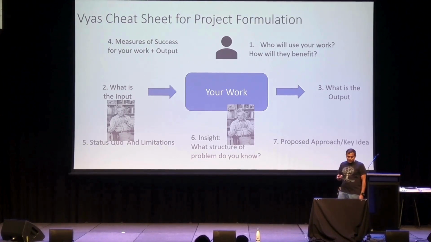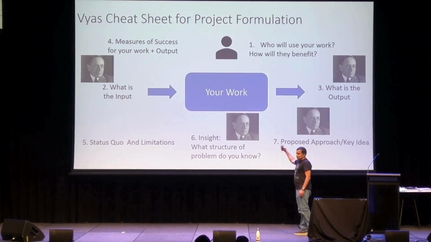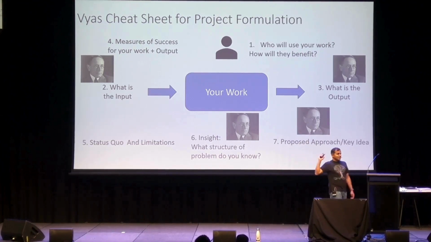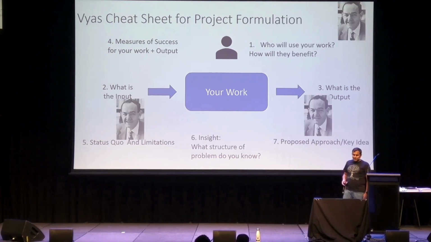That is stolen from Amdahl. This input-output formulation, proposed approach, key insight, structure, shamelessly stolen from Polya. And the last part is from Herb Simon: tell me who's going to benefit from your work, articulate clearly the status quo, tell me clearly what is the proposed approach, right? So I said nothing here is original. These are like 4 great people who gave great advice. I'm just distilling it.